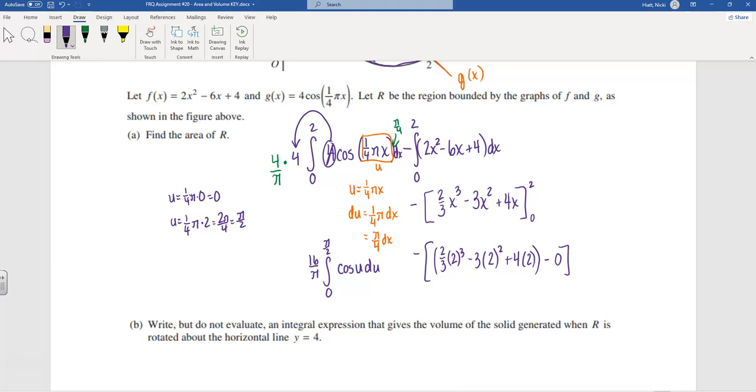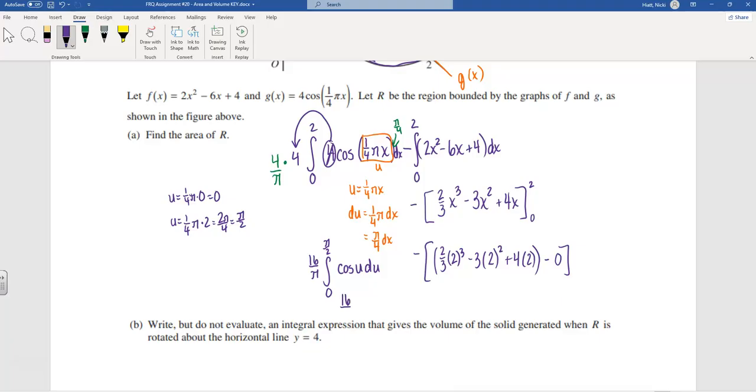And now that I'm looking back upon this, I really wish I had just done these two pieces completely separately and then subtracted their answers at the end, because everything's not quite lining up. The left side takes more room for that, but it's fine. So when I integrate cosine, I get sine.